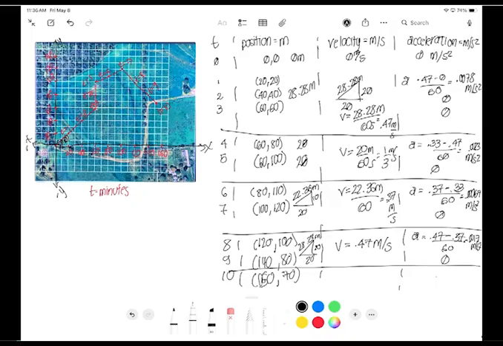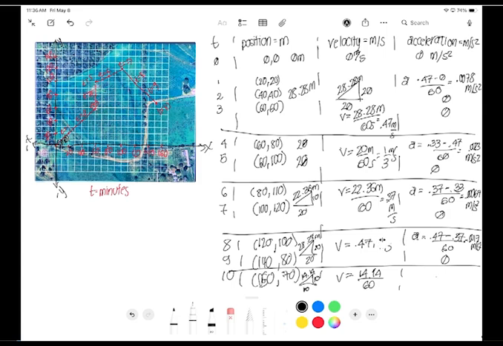Here it's 0. Here it would be 10, 10. So that would be 14.14. Velocity equals 14.14 divided by 60.